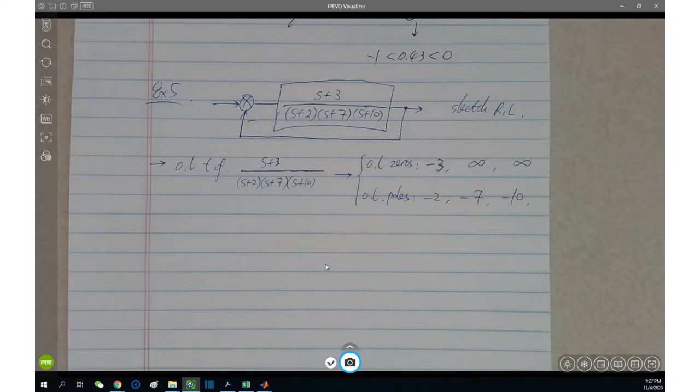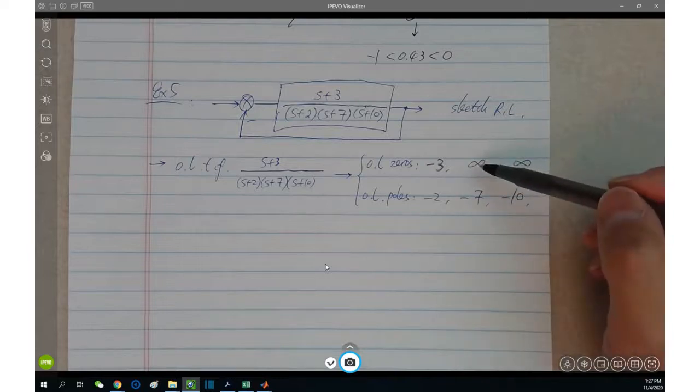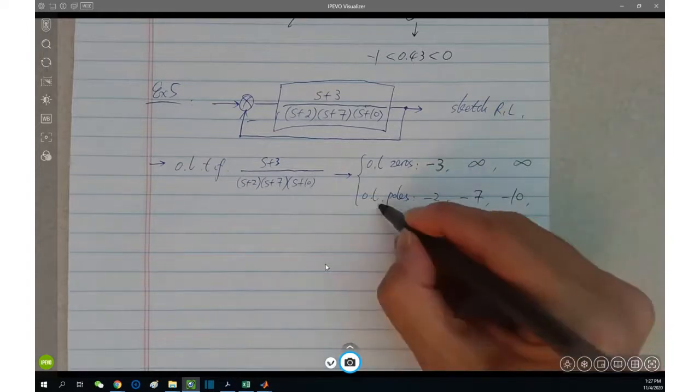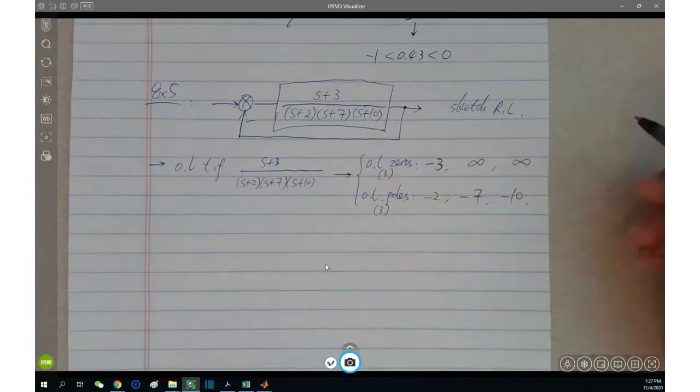First of all, why do we need to fill up the two positions here? Because the number of them must be the same. If you have three open loop poles, you must have three corresponding open loop zeros. One is the starting point, the other is the ending point.